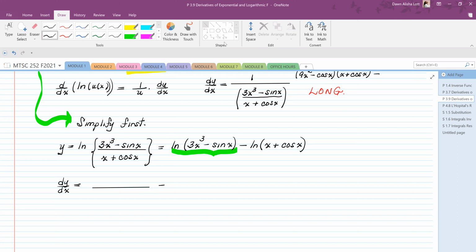Is it 6x squared? Plus. Is there more in the numerator? Yep, it is. Okay, so 6x squared plus cosine. The derivative of sine is positive cosine, so we're going to keep the negative. Okay, keep going.